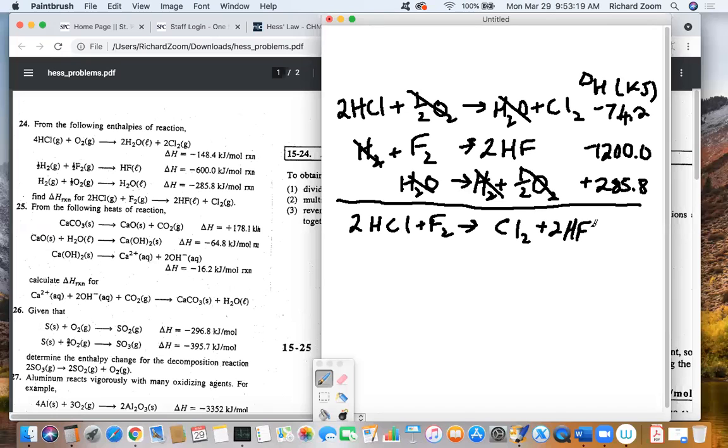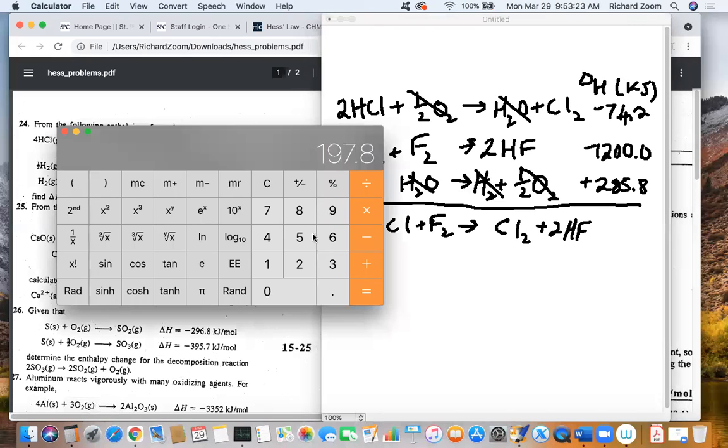And then we add up all of these values here. And we get negative 988.4.